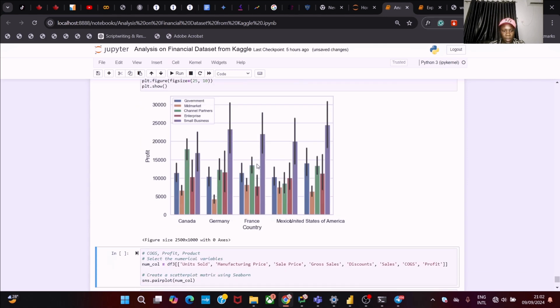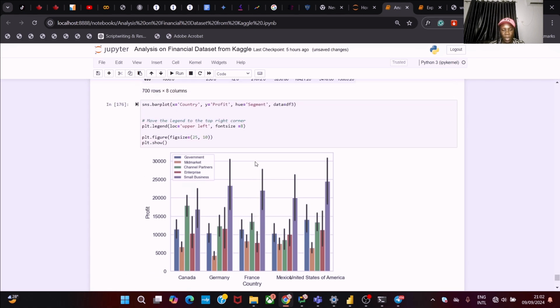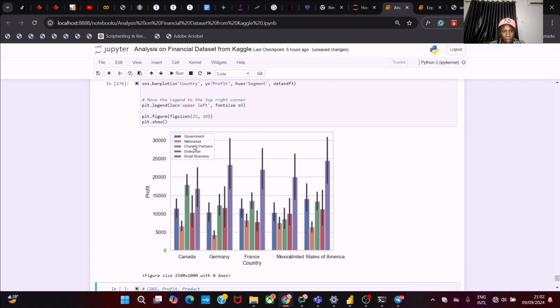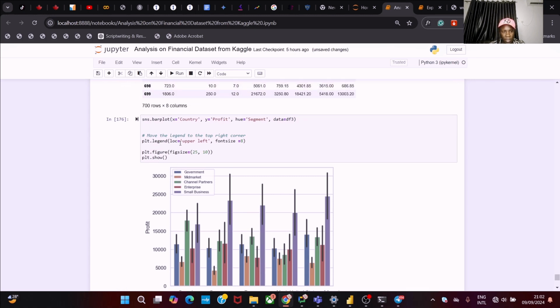As you can see, we are visualizing segments, profits and country. I actually added a legend here. This is governments, this is mid market, this is channel partners, this is enterprise, and this is small business.